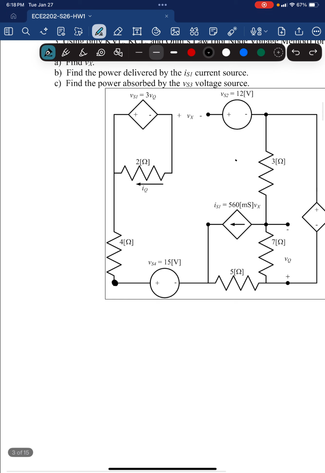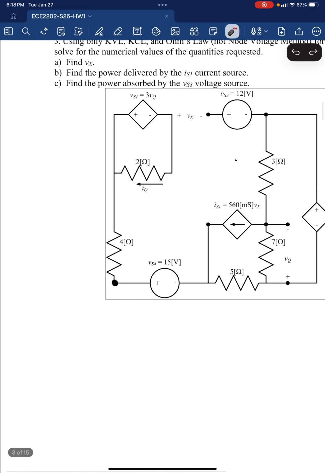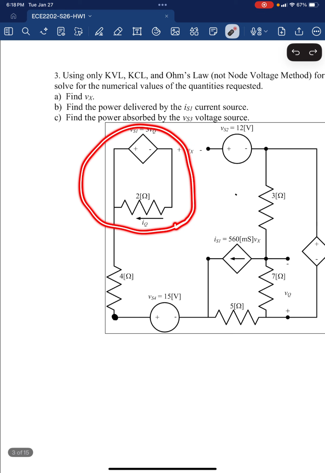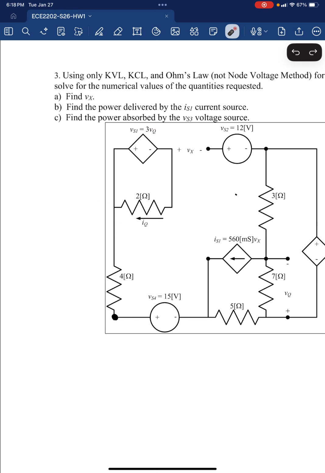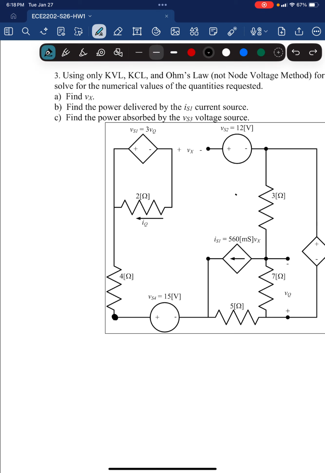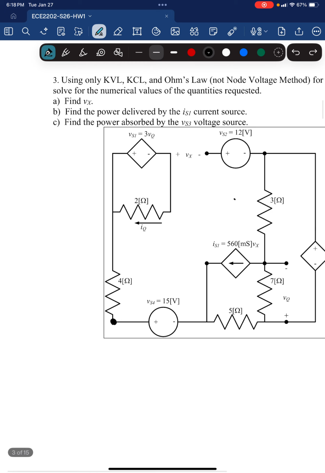Now there is a trick that you can kind of apply here, and it involves this loop right here. Whenever you have a loop like this with the same current going in and the same current going out, there can be no current that travels away from the loop or towards the loop. And you can see this using a KCL. Essentially we know that IQ is traveling in a circle like that, right?